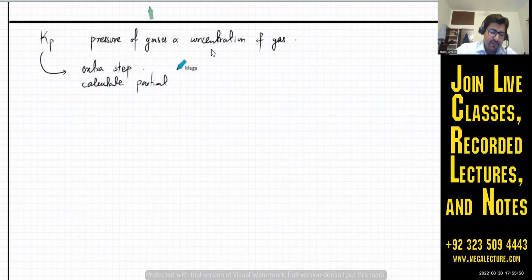And partial pressure was mole fraction multiplied by the total pressure. So that's equal to mole fraction, or you can even use percentage, multiplied by the total pressure.